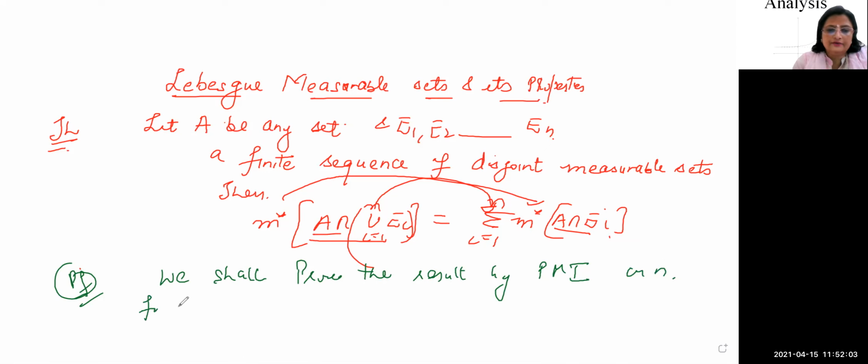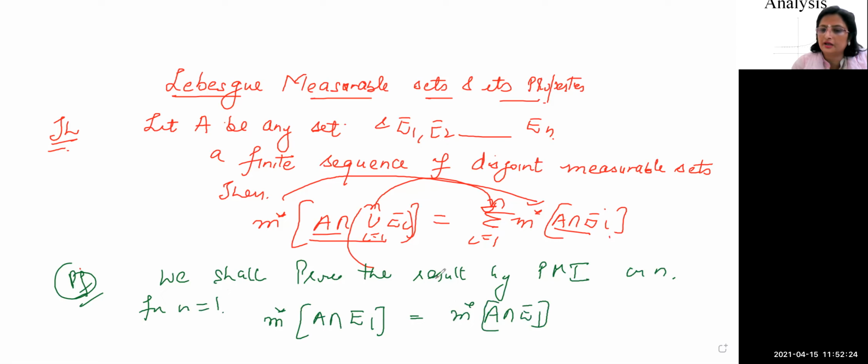For n equal to 1, when you put n equal to 1, m star A intersection, only one set is left, right? So E1 summation i changes into just one, so m star A intersection E1 is equal to m star A intersection E1. I did nothing; it was union of n. Now if n is equal to 1, it means you have only one set, that is E1.